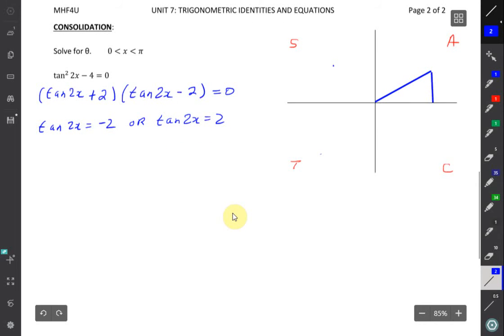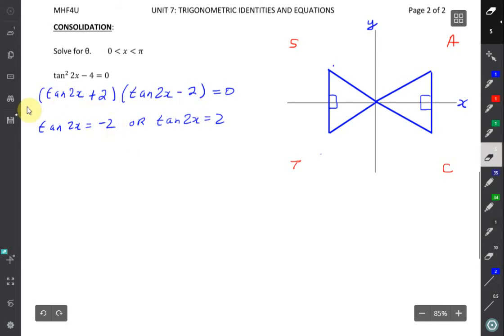So I will draw triangles in each of these quadrants. And I'm doing my best to try to make them the same size, since they technically are the same. And while I'm at it, I'm going to go ahead and label the sides.